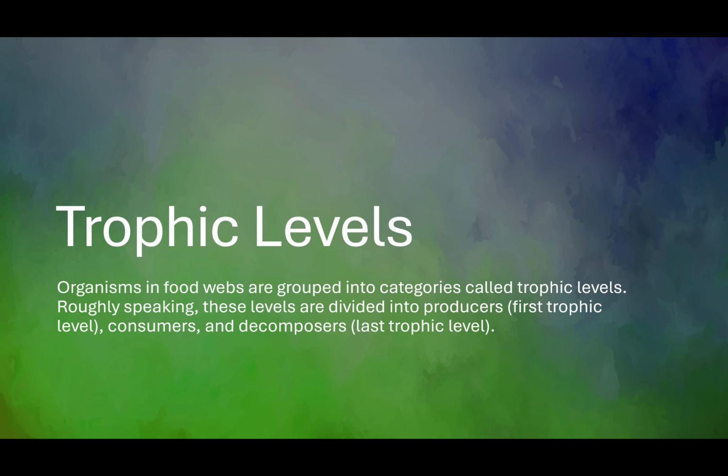We have that there. So within the food web now, that's where we start to generally look at different trophic levels, right? When we start to look at food webs, organisms in the food webs are grouped in categories called trophic levels. Roughly speaking, these levels are divided into producers, which is the first trophic level, consumers, and then decomposers, which is the last trophic level.